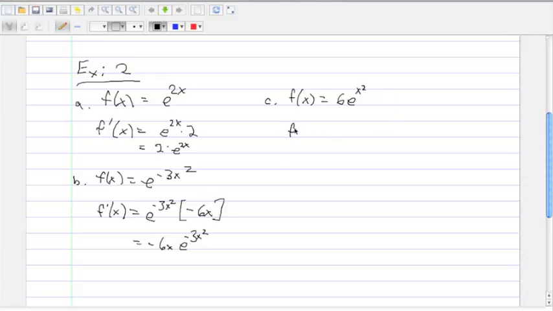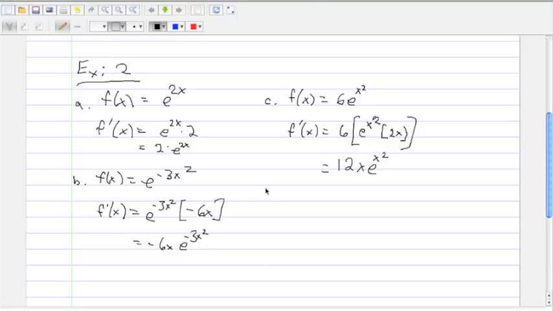So then our f prime is going to be, you have a constant times your function, so it's still just going to be that constant times the derivative of e to the x squared, which is itself, times the derivative of x squared, which is 2x. So then this is just 12x times e to the x squared.